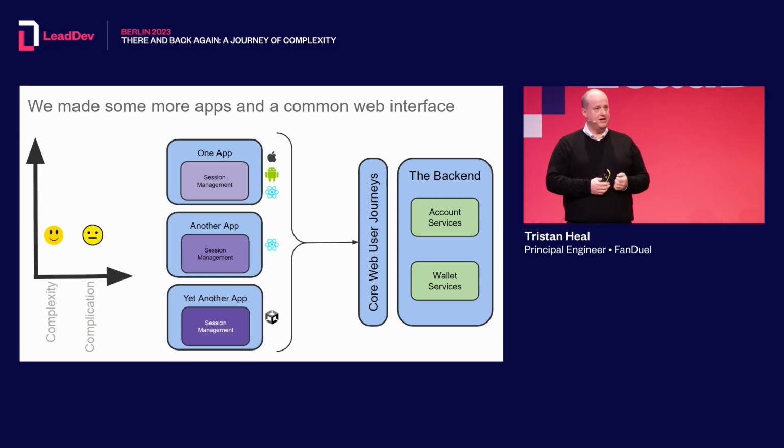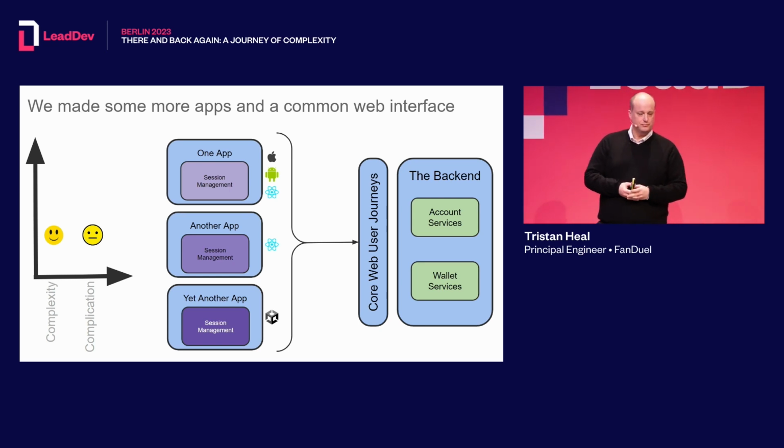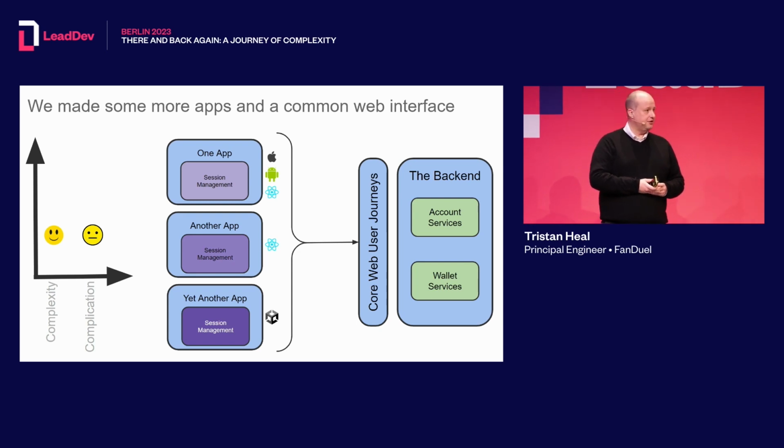So Swift and iOS, Kotlin and Android, React for web. We have another app which has a combined code base, which uses React and React Native in a single code base. We have another app, strangely enough, that uses Unity 3D, that's C#. And we have other apps as well.